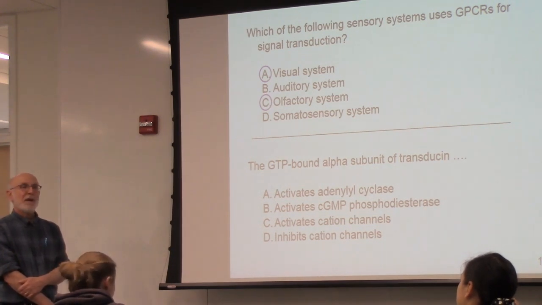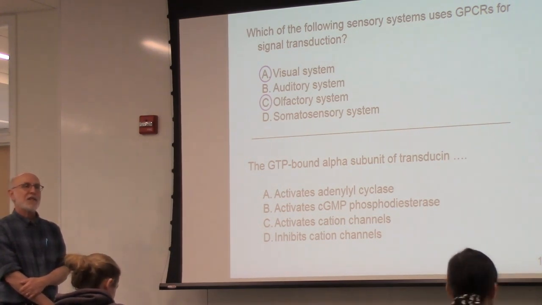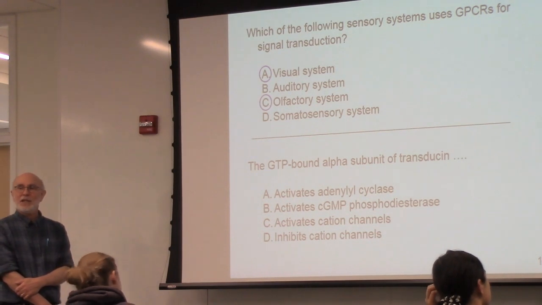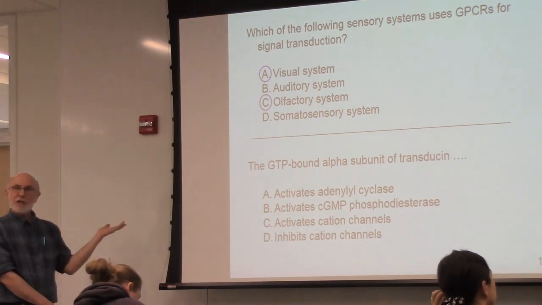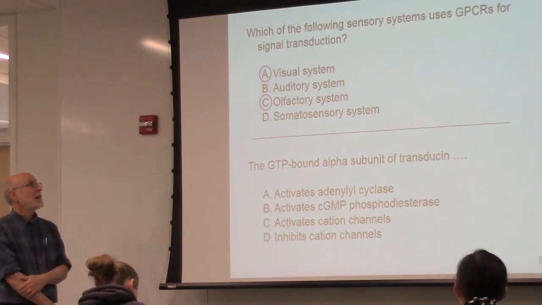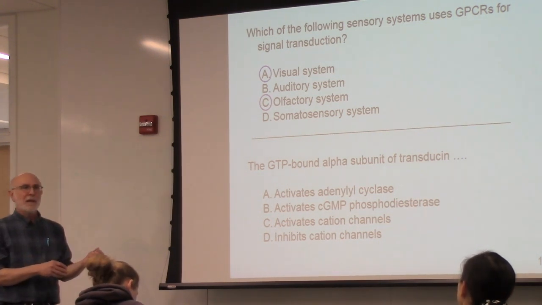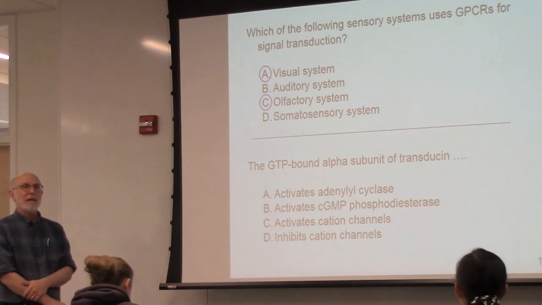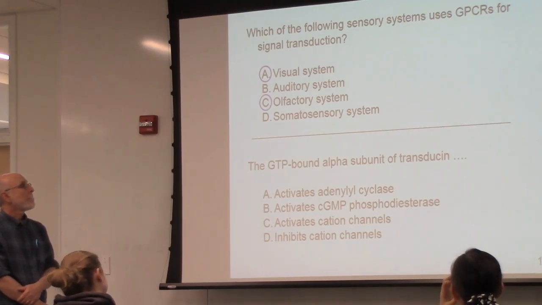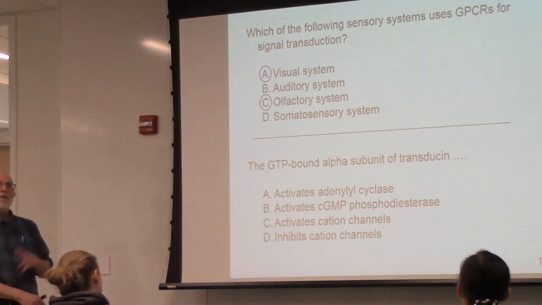But in the auditory system, the hair cell is not a GPCR, that's a stretch-gated channel. In the olfactory system, we just talked about GPCRs, but in the somatosensory system, we don't have GPCRs transducing touch or pressure or pain.